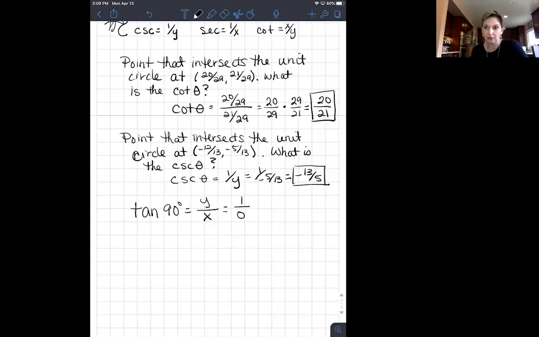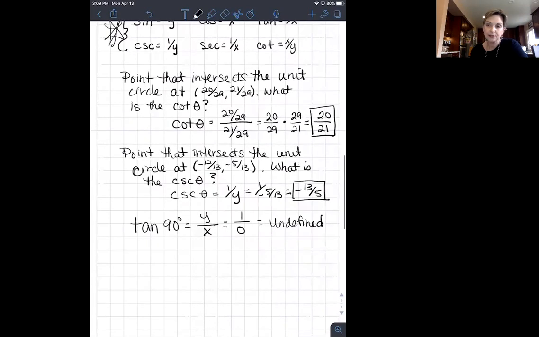That gives me 1/0, and that's undefined. So the tangent of 90 degrees is undefined. There are several different places where, for different values, we get undefined answers.